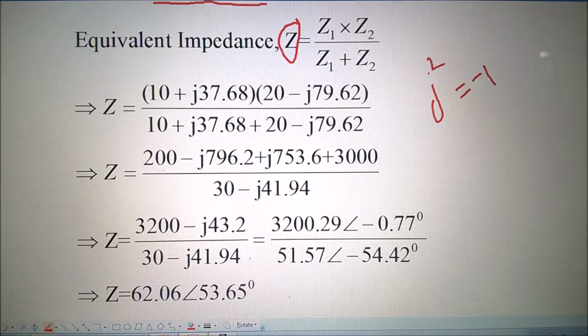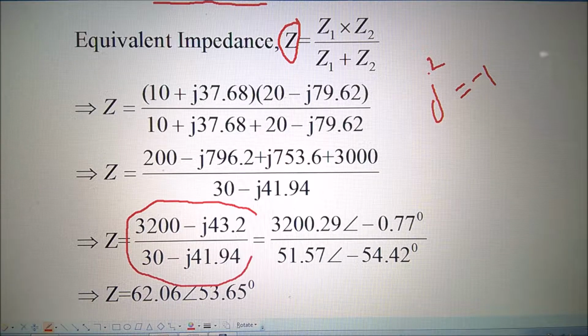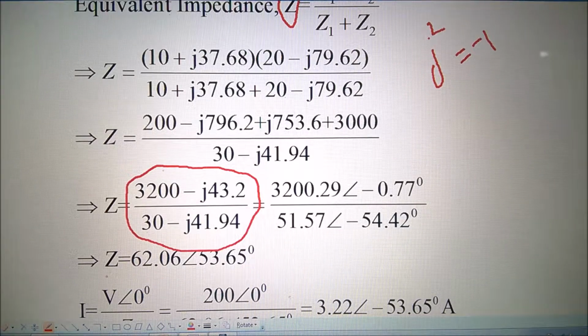You can see denominator and numerator are both in rectangular form. That will be brought to polar form, and in polar form, you know the magnitudes will be divided and the angles, the phases, are to be subtracted. After that we got this value of equivalent impedance.